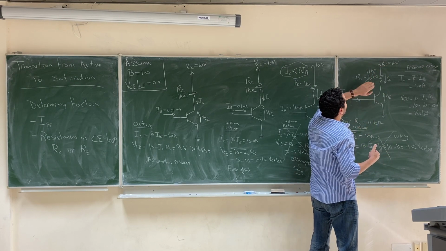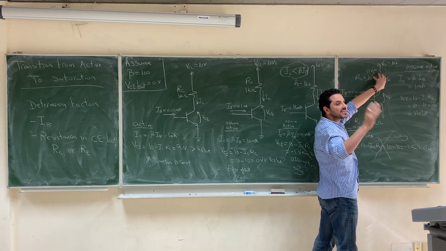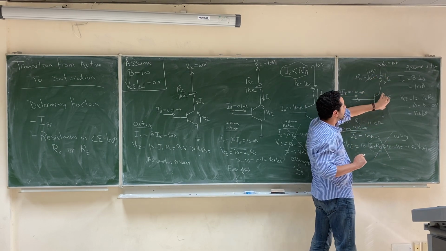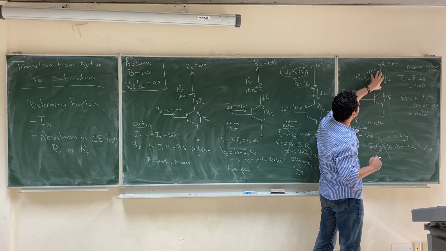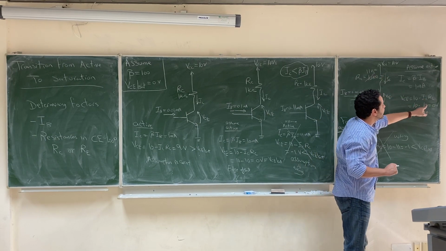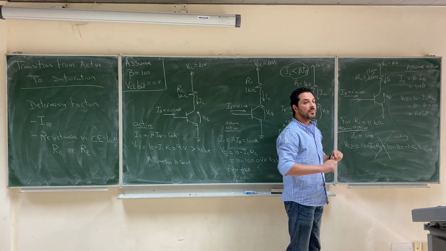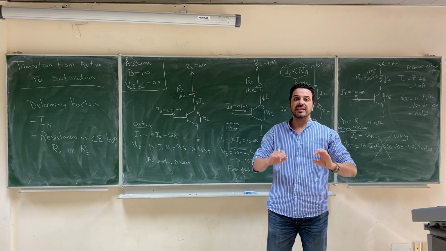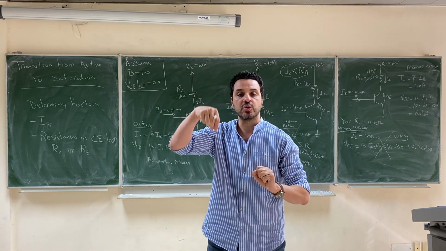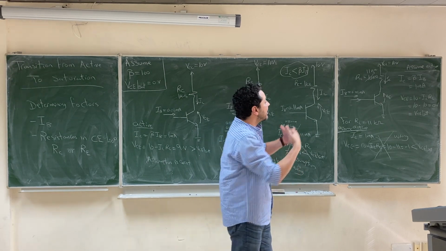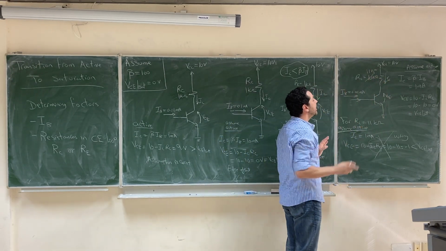The drop across this resistor cannot exceed 10 volt. Okay? When the resistor was 10 kilo ohm, the drop across the resistor was exactly 10 volt and VCE was 0. This is the case that we did here. Now when you increase RC to 11 kilo ohm, the collector current is going to decrease to make the drop across the resistor exactly 10 volt.